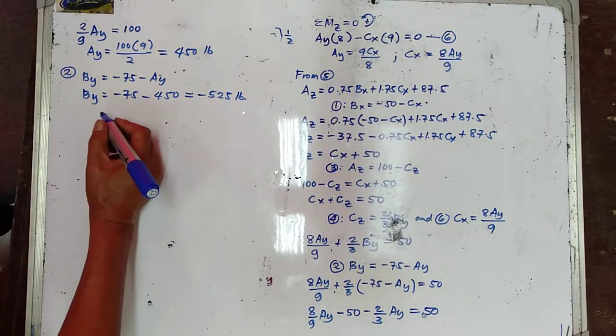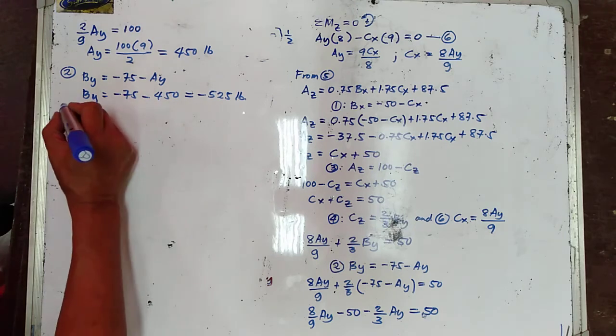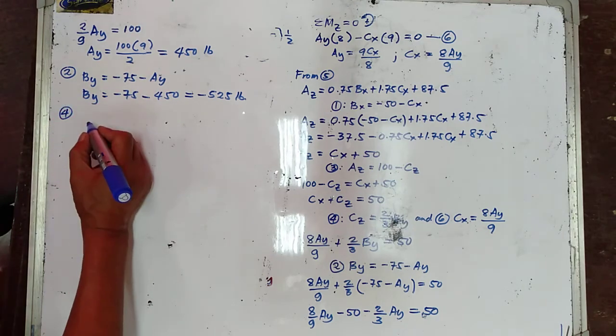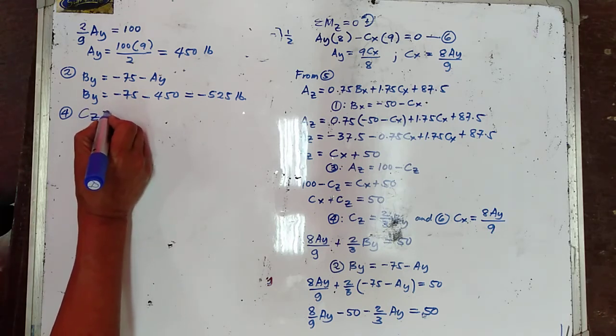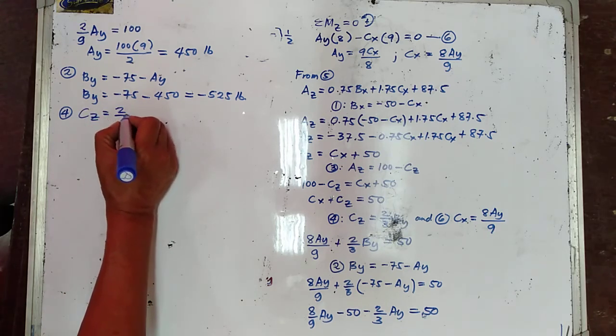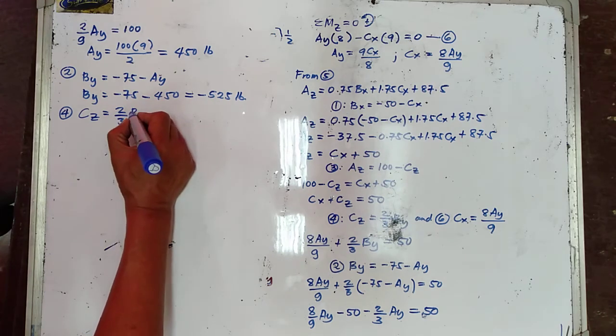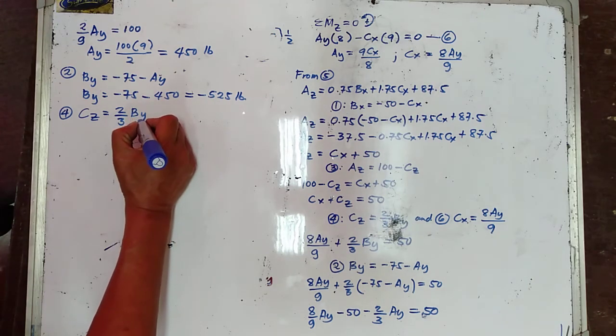Now, from equation 4, your CZ is equal to 2/3 of BY.